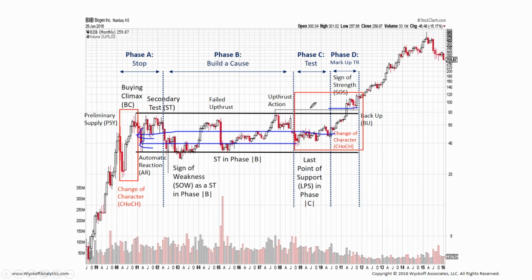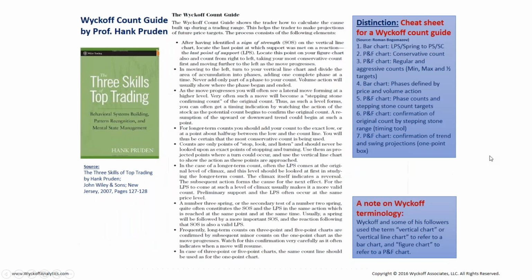To understand this, we need to understand the count guide that was described so well in Professor Hank Pruden's book, which we highly recommend. It's called The 3 Skills of Top Trading. And I just put here all of his writings on the count guide.